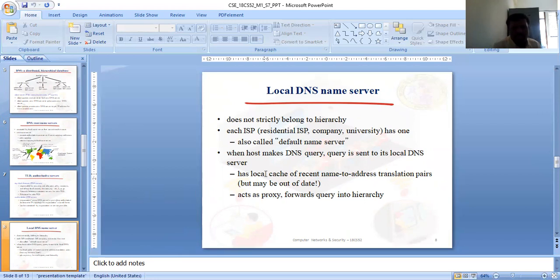Each internet service provider, residential ISP, company, or university has one, also called the default name server. When a host makes a DNS query, the query is sent to the local DNS server. It has a local cache of recent name to address translations, but these may be out of date. It acts as a proxy and forwards the query into the hierarchy.